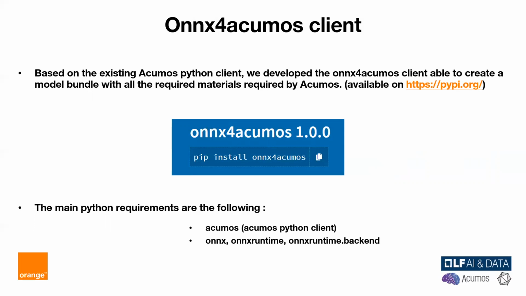And then we enrich this Python client with the use of ONNX, ONNX runtime, and ONNX runtime backend library. Now, this ONNX client is available on PyPI like any other Python library.